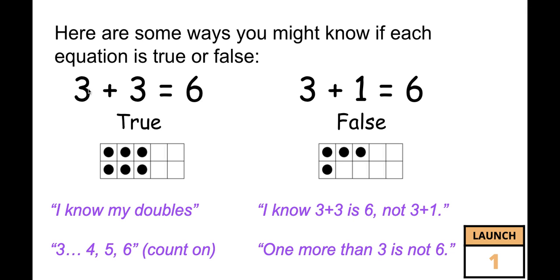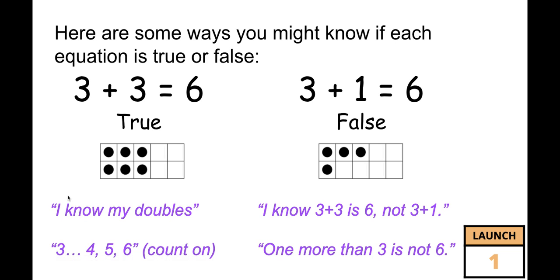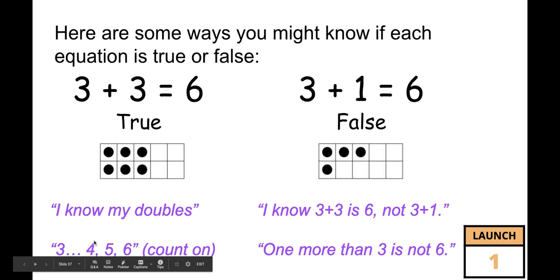You know that doubling 3 two times will give you 6. Or if you're counting on, that means you're not starting from 1, but you're starting from the number that begins in the equation. So if you're starting from 3, 4, 5, 6, you've added 3 more and you got 6.